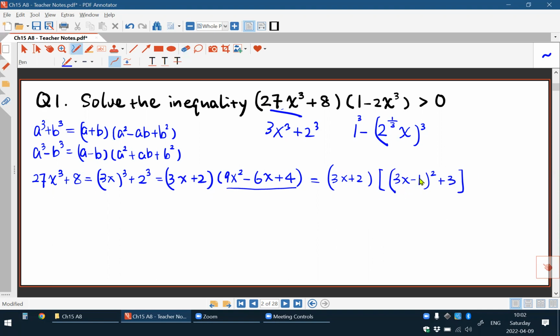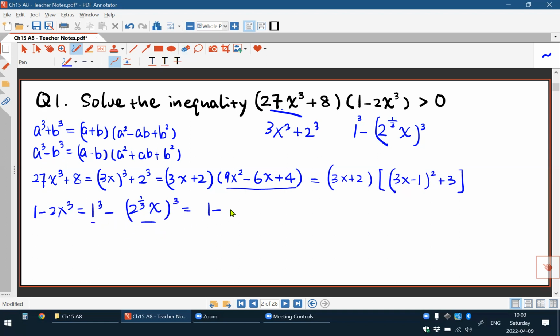Okay, we can just leave it there. Let's consider the next one. Next one is 1 minus 2x cubed equals 1 cube minus 2 to the 1/3 x cubed, so this is our A, this is our B, right?